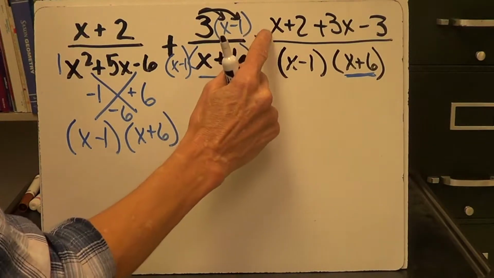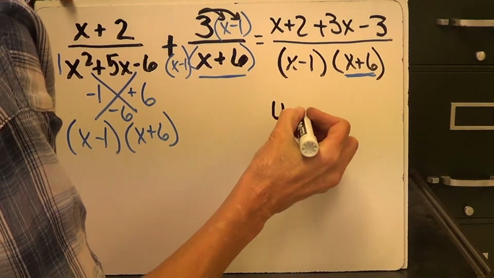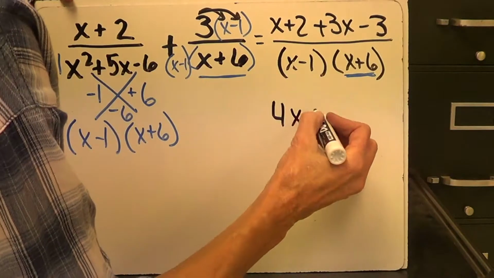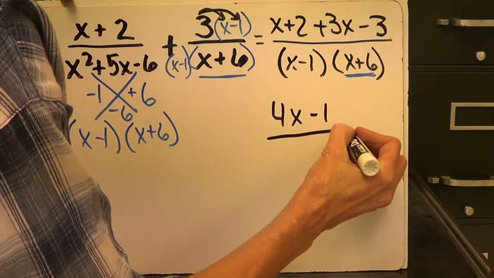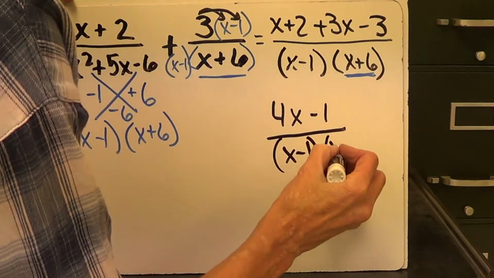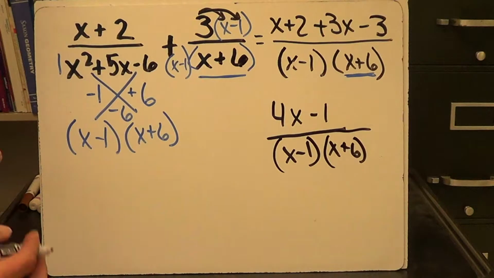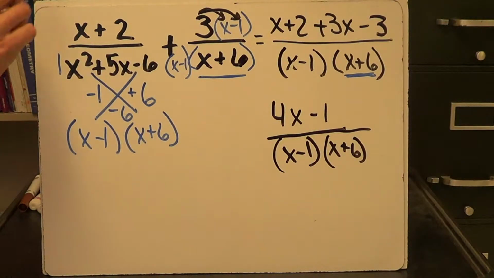We have an x and we have a 3x, so we make that 4x. We have 2 minus 3 would be minus 1. And that is all over x minus 1, x plus 6. I do not ask you to multiply those back together, just leave them in factored form. Okay? So that's your final answer there.